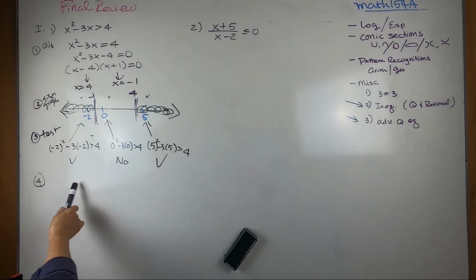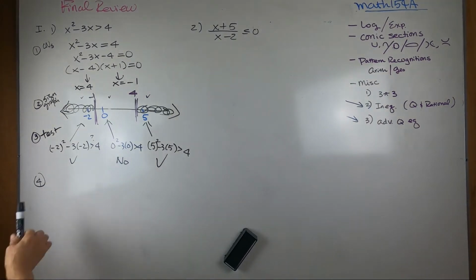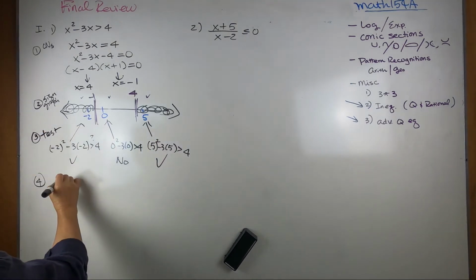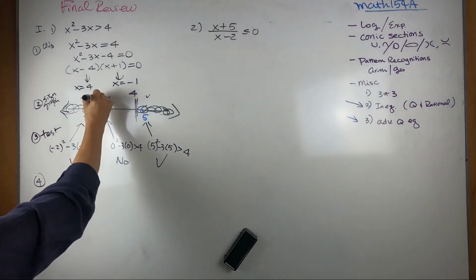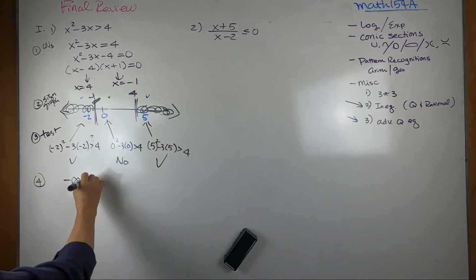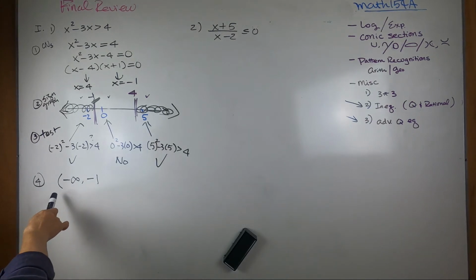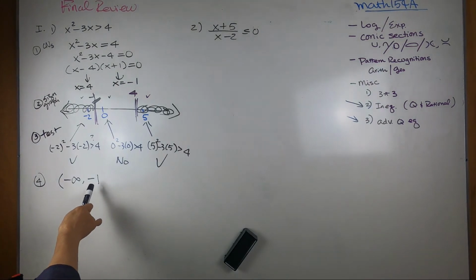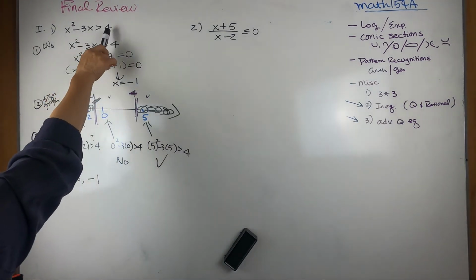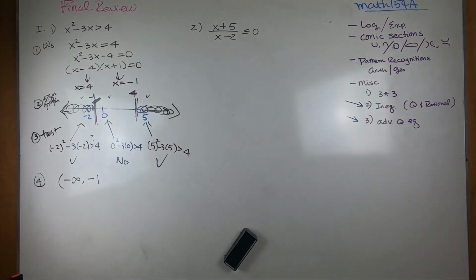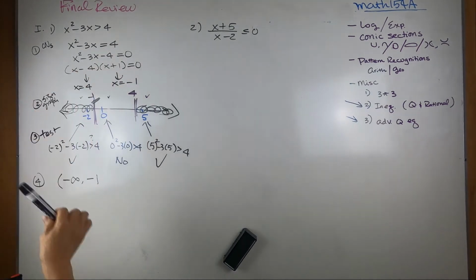So then, okay, we test it. Then we write the answer should be these 2 parts. So this part is negative infinity all the way to the critical number, -1, right? Infinity always uses parentheses. -1, should we include -1 or not? Okay, so when it's -1, that would be equal for both sides, right? -1 is equal.